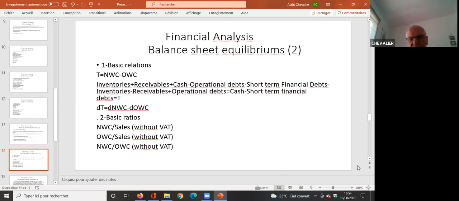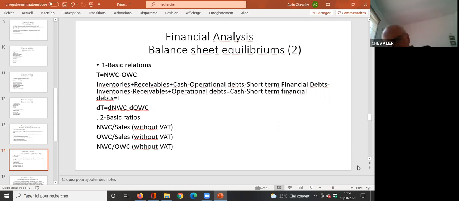The second one is the operating working capital divided by sales. And this is very useful, because it shows the amount of new financial resources we need to finance the operations for a $1 increase in the level of sales.